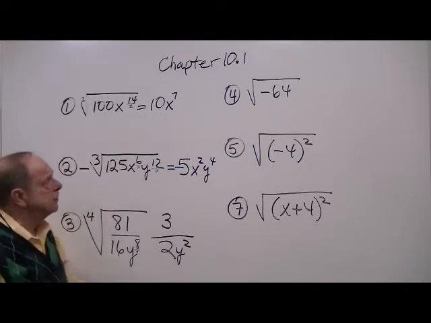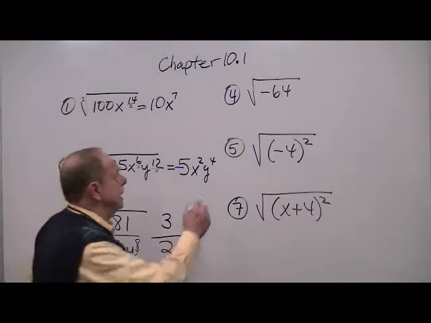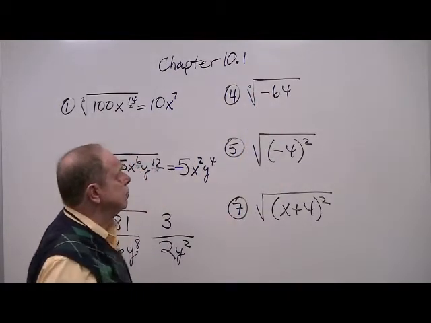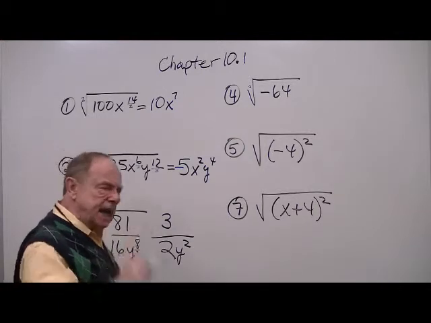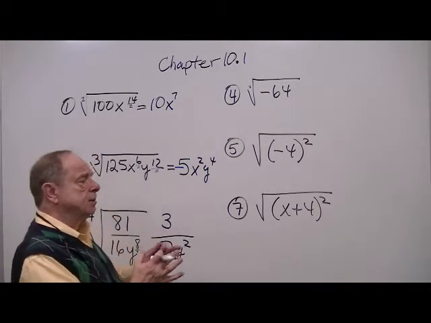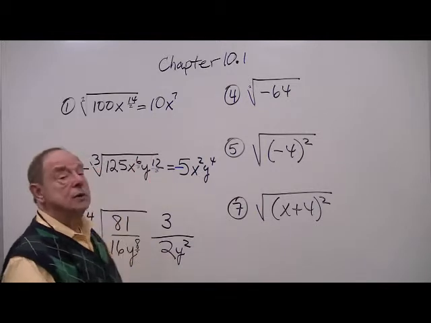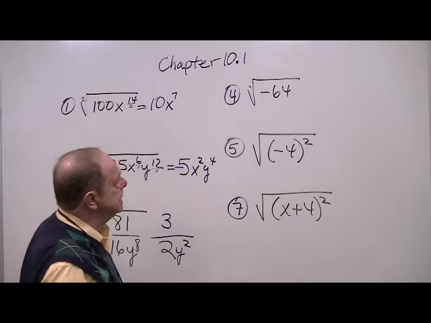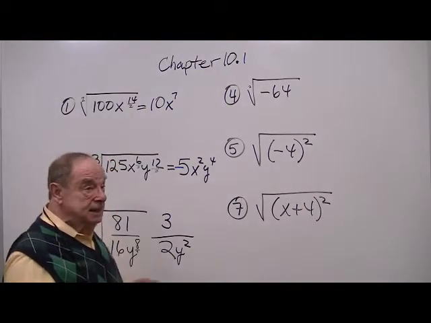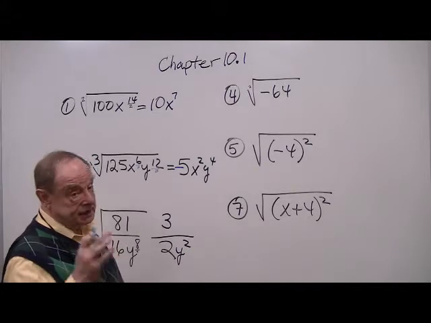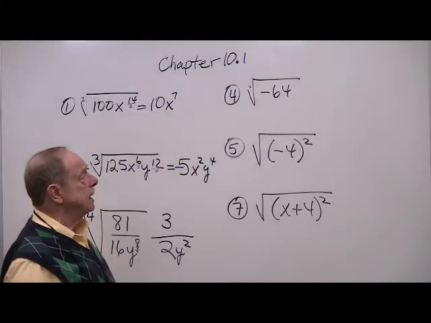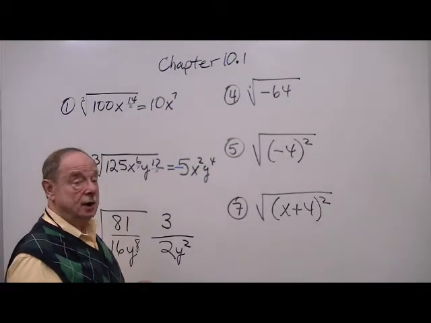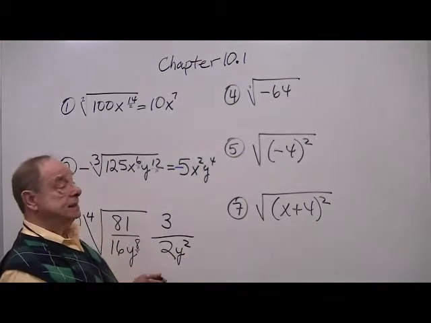Now as we go to number 4, again the index number is 2, and what two numbers exactly the same multiplied give you a negative 64? Now as you think of that, you might say, well 8 times 8 is 64, but that's a positive 64. And a negative 8 times a negative 8 is 64, but that's a positive 64.